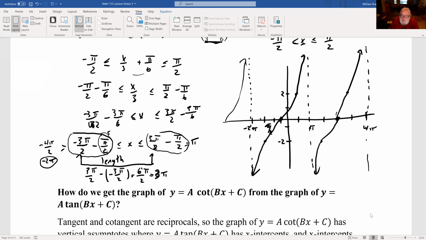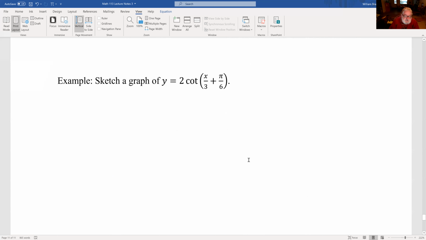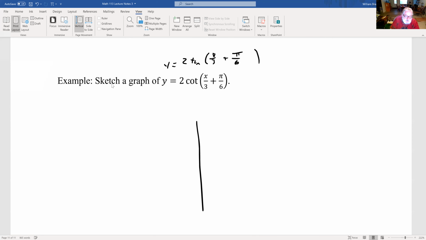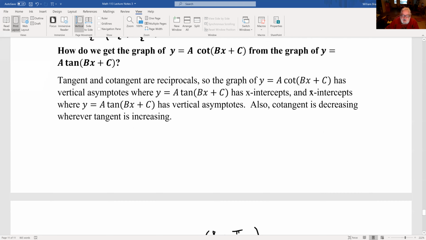So cotangent, well, no, I'm going to do it on a separate thing down here. So the skeleton for y equals 2 tangent x over 3 plus pi over 6. The skeleton we had for that was that we went from minus 2 pi to pi.